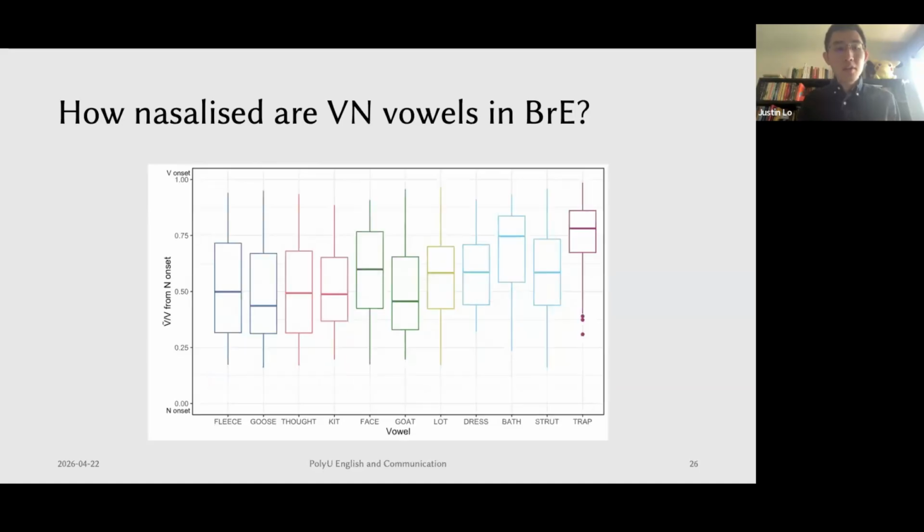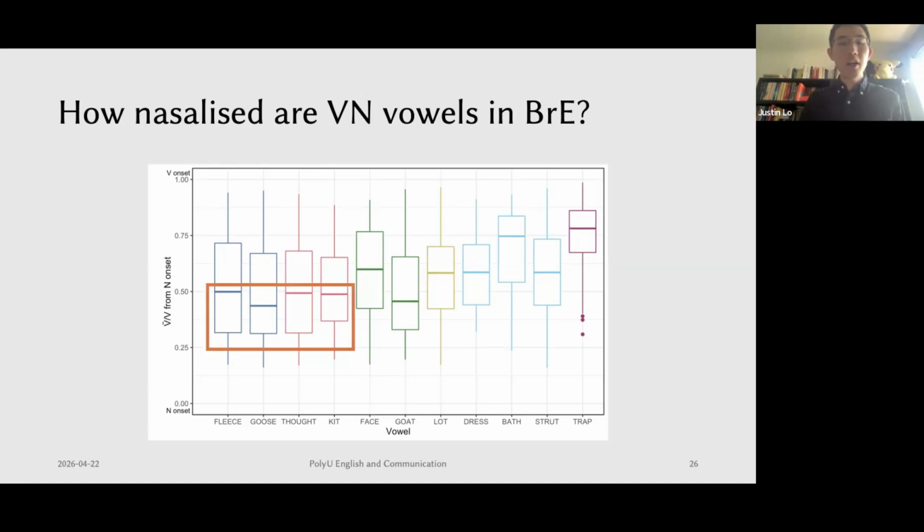And if we look at temporal measures as well, lower on the graph here is the onset of the nasal consonant. So this would be very little coarticulation, versus high up on the graph is more coarticulation because it's closer to the onset of the vowel. Then we see a very similar picture to what we saw from the magnitude measures.